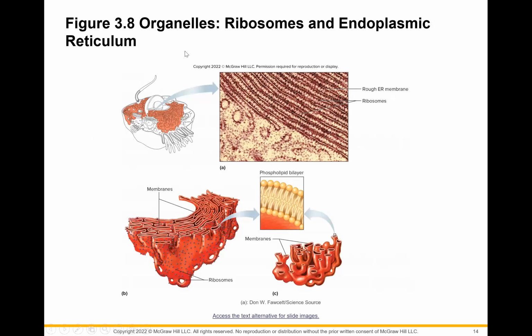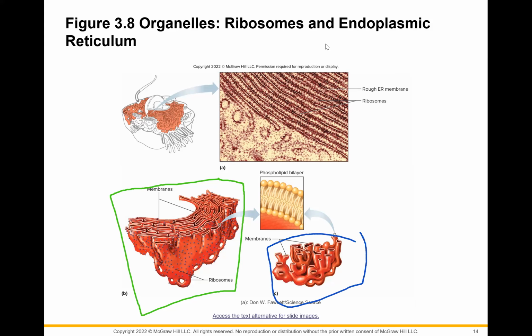All right, so here's a much better picture to see in detail. When you're looking at these membranes, again, we can see the rough ER and we can see the smooth ER. The rough ER has a rough-like appearance because it contains those ribosomes. Those ribosomes are those little dots.